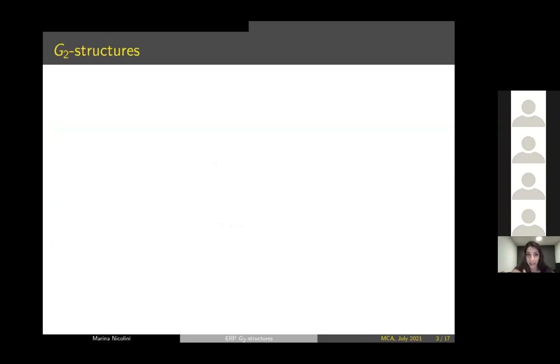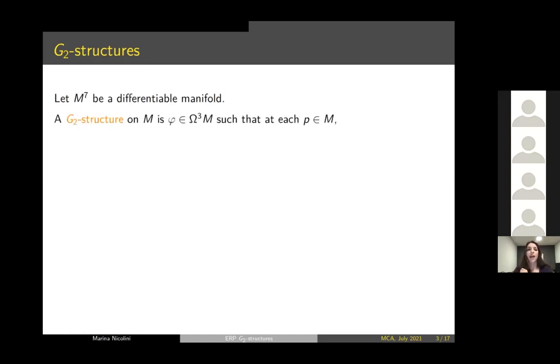To define what a G2 structure is, we are going to set a differentiable manifold M of dimension 7. And this is differentiable only, not Riemannian. The G2 structure is going to be a differentiable 3-form on M that I'm going to name phi, such that at each point this G2 structure is positive.